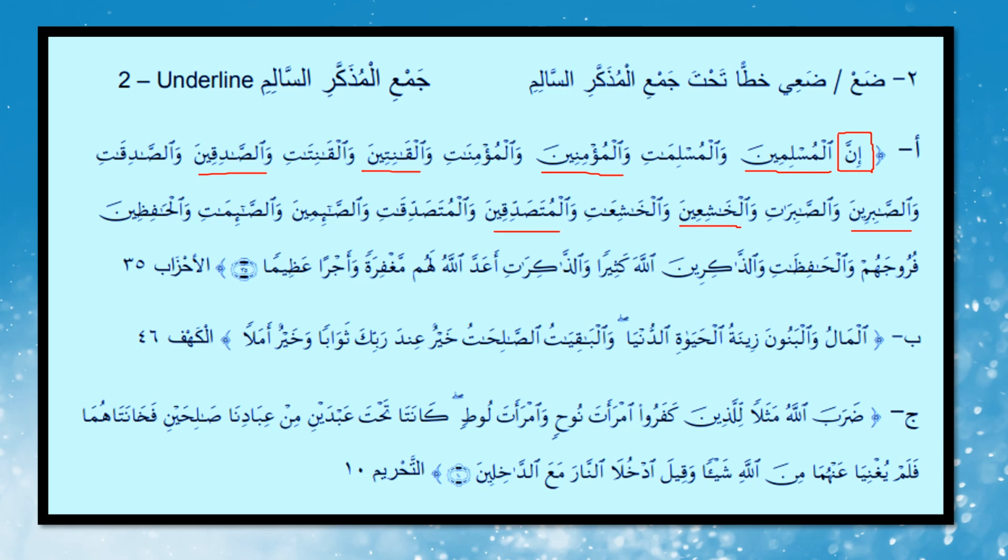Mutasaddiqeen, it's Jama Muzakkar, Mutasaddiqat is for feminine, Sa'imin is for males, Sa'imat is for feminine, hafizin for males, and hafizat, and dhakirin, it's for males. Then dhakirat is for feminine. So we have all the Jama Muzakkars here.